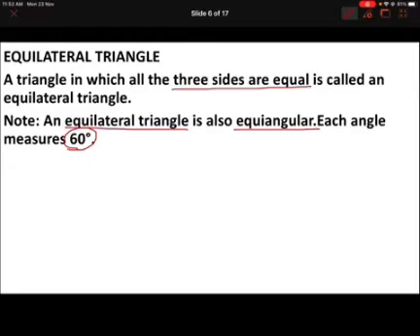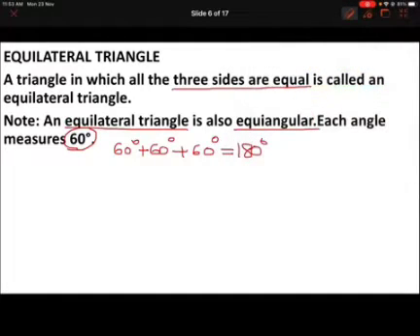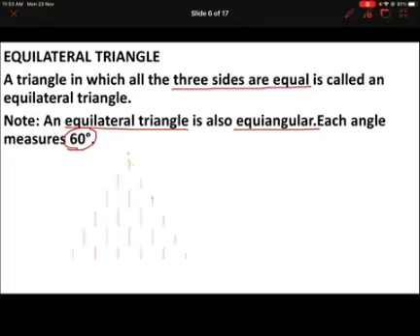The sum of the three angles is equal to 180 degrees. So in an equilateral triangle, we have 60 degrees plus 60 degrees plus 60 degrees. What is the total? 180 degrees. Is it not? So that condition is satisfied. Okay?